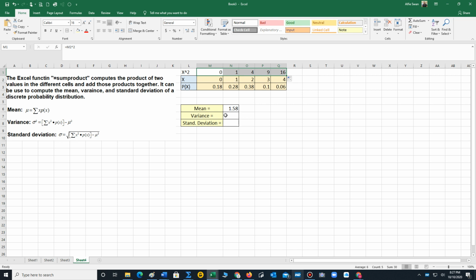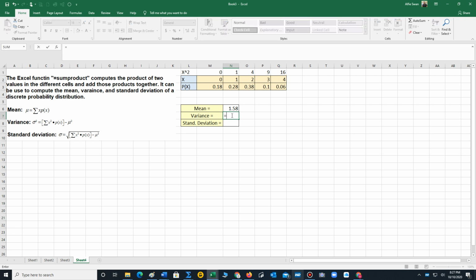To compute the variance, we will apply the sum product using the array of the squared values and the array of the probabilities. And then finally, we will subtract out the mean squared.